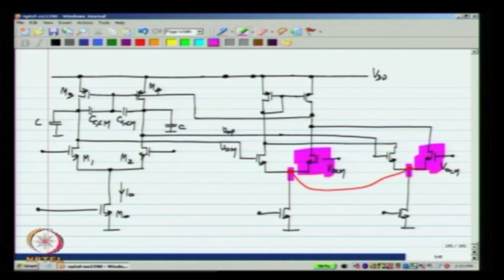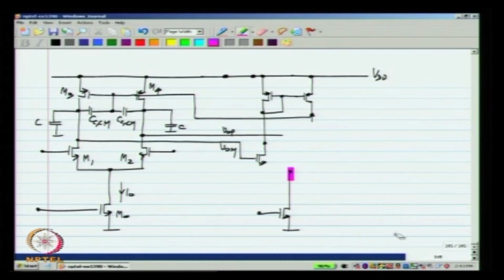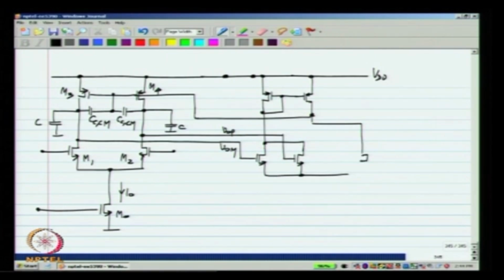So, I will redraw this differently. I will show these two transistors like this, okay, and they are added together, and this transistor, which is of twice the width. So, if this is WC1 and WC1, this will be 2 WC1, okay, and the total current is IC0.